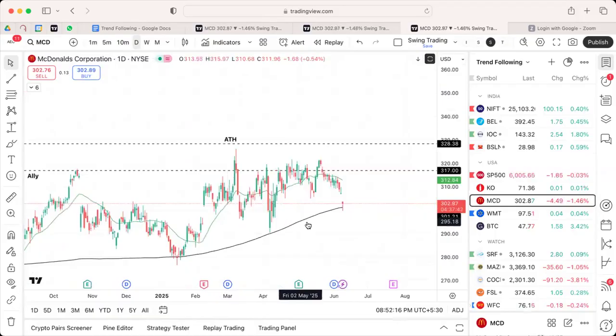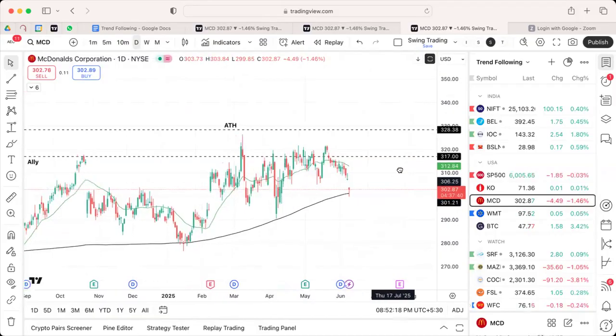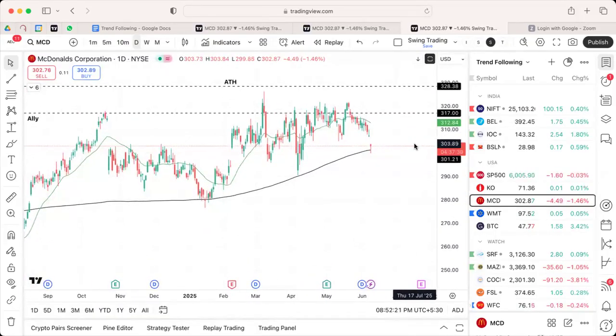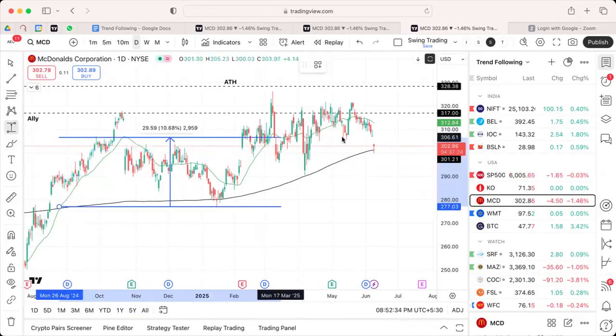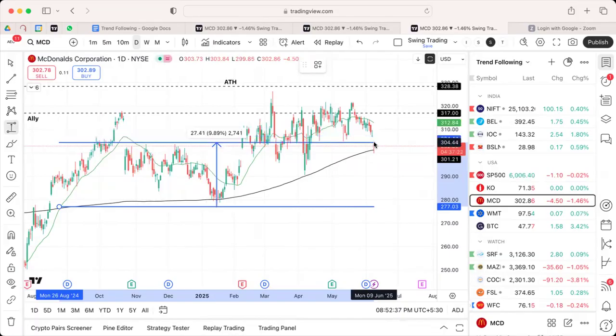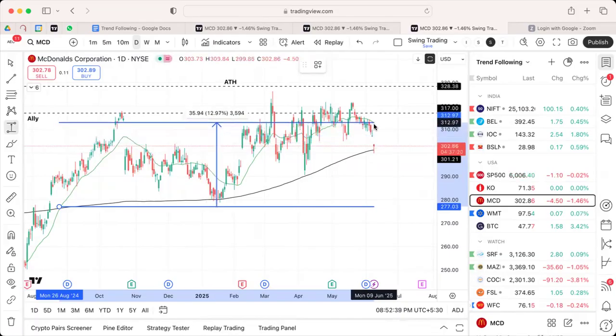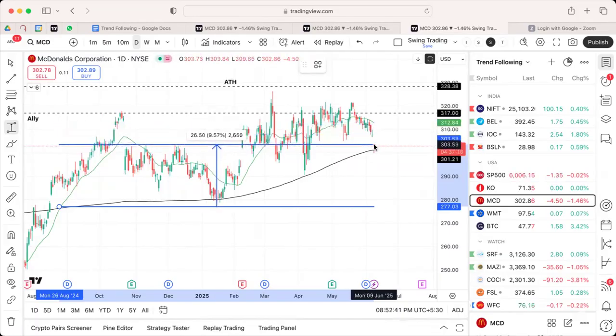Okay, and then so the basic idea is if you're following about three or four or maybe five of these companies, some of them may not make a whole lot of profit for you. Like, for example, this one, if you calculate from the time you entered till right now, it's only about 9%.